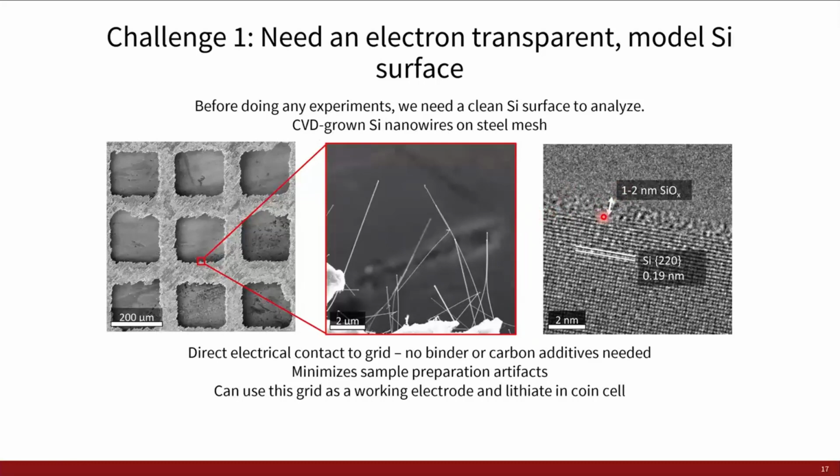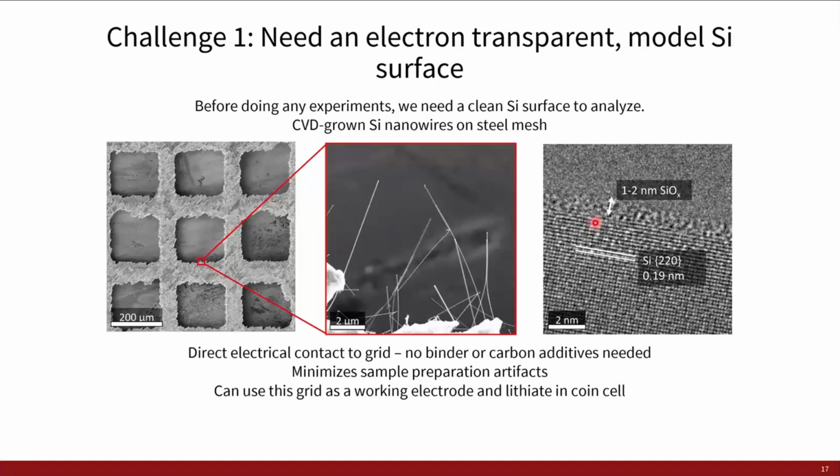In real battery electrodes, the electrodes are a very complex composite of polymer binders and carbon additives, but by doing this kind of experiment, we don't really need any of those confounding factors such as binder and those additives. We also don't need to do any complicated sample preparation, such as using focused ion beam or microtomy to section a thin film electrode, which would possibly introduce sample preparation artifacts.